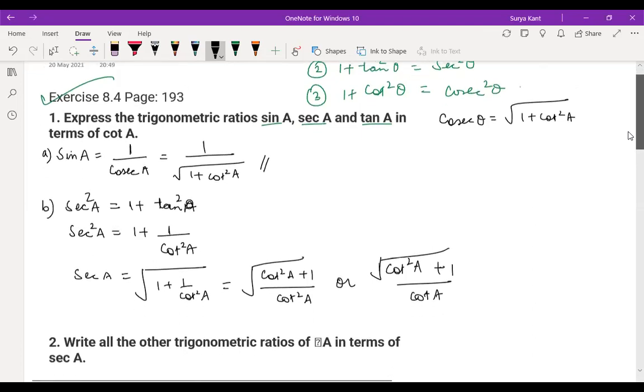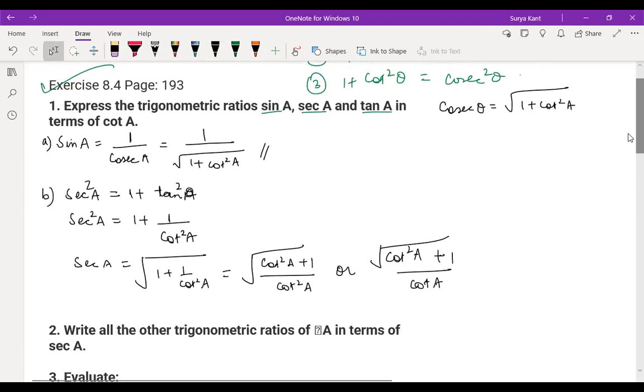Sir, can I explain from sec A? All right. This sec A we have to convert in the form of cot A. So we have the identity sec square A is equal to 1 plus tan square A. Why are we choosing this identity?